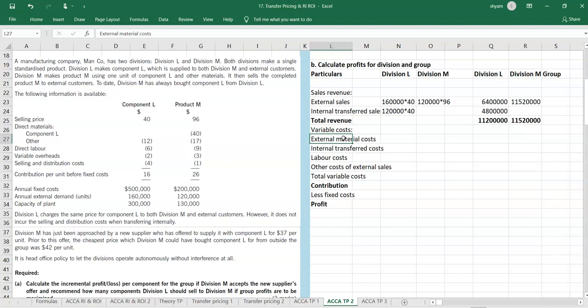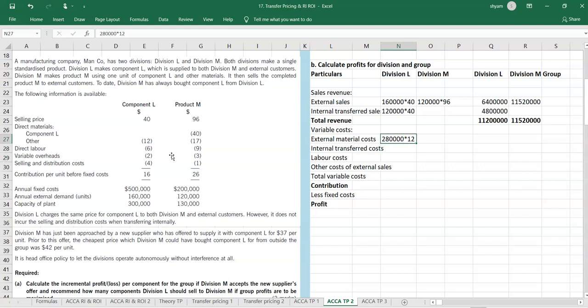So let's see the material costs. Okay, the external material cost is 12, but how many units are being produced? Okay, see the total number of units produced is 2,80,000, right? 2,80,000 units are produced. And what's the external material cost? So external material cost for L is 12. Okay, there's no internal transfer cost for them.